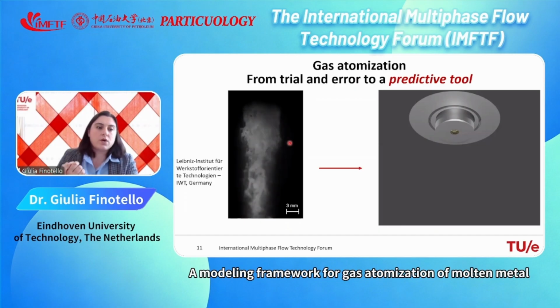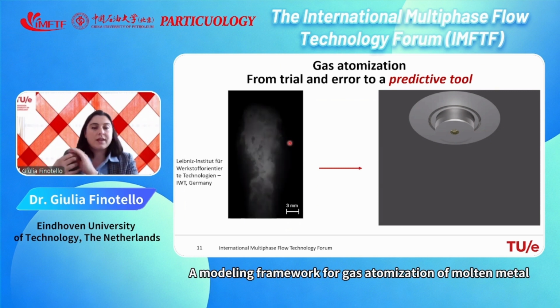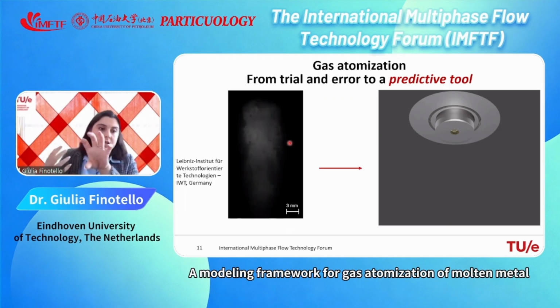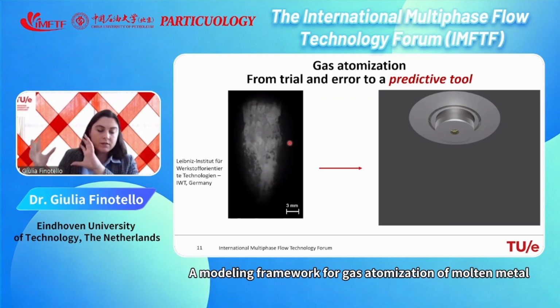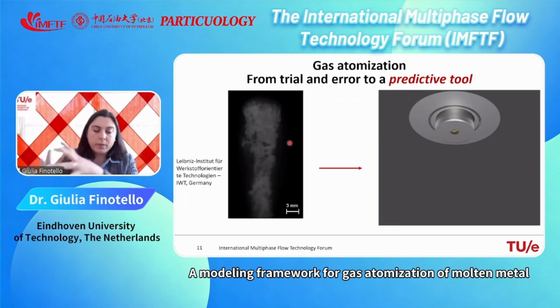However, you also see that it's a very complex process, and in general, it's very difficult to gather information on gas atomization of molten metal because of the high temperature and the high turbulence. We really see only the few millimeters here, but the rest of the spray is not visible.